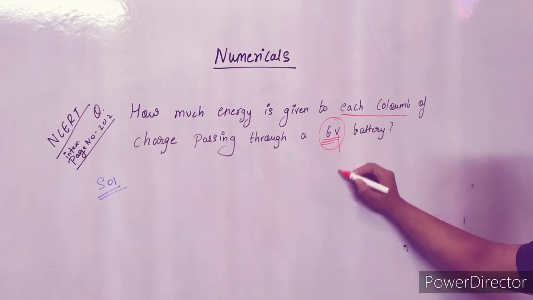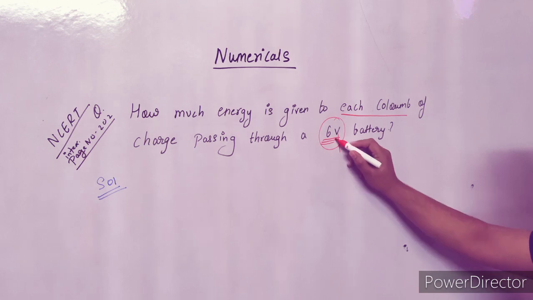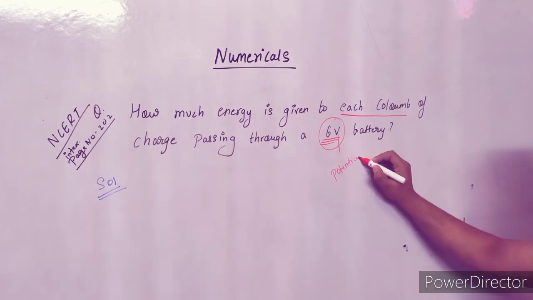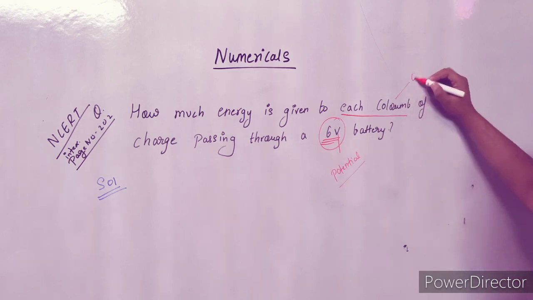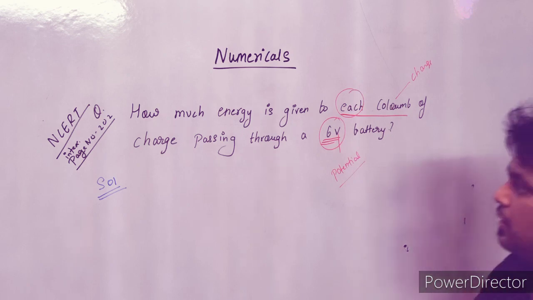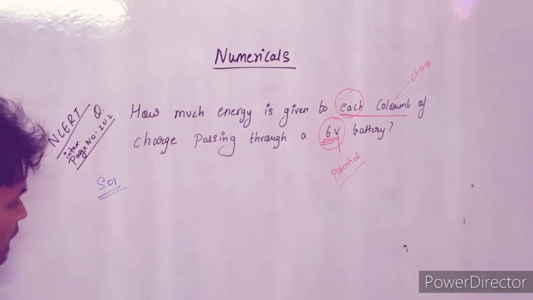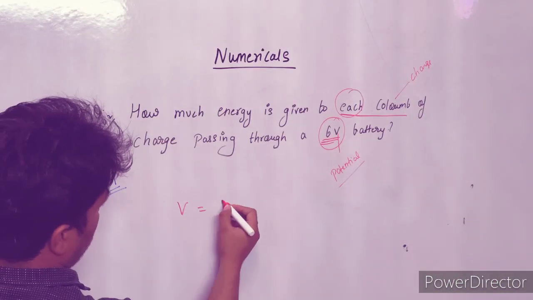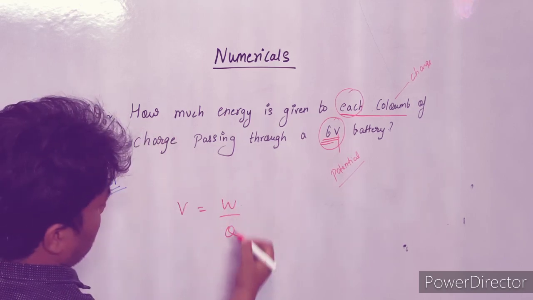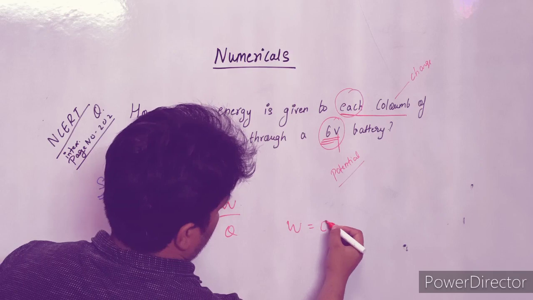Volt means the voltage, that is the potential difference. Each coulomb is the charge. Each means one single. Simply the formula is V equals W by Q. We have to find energy.